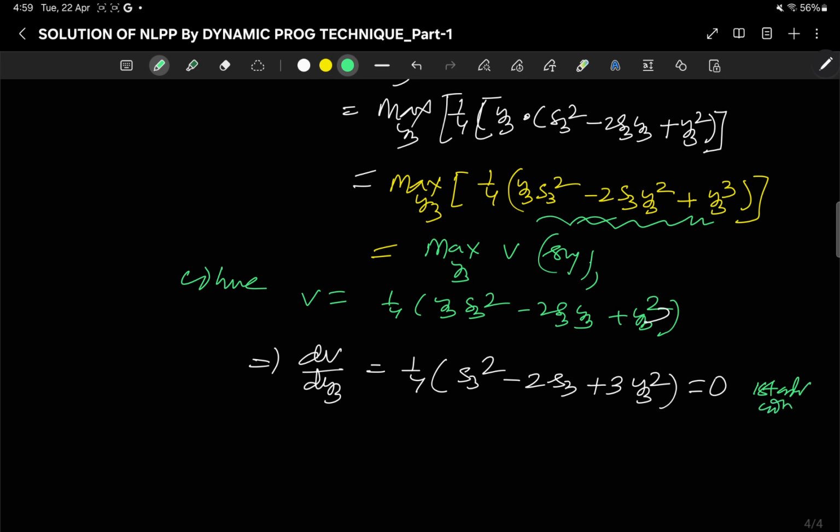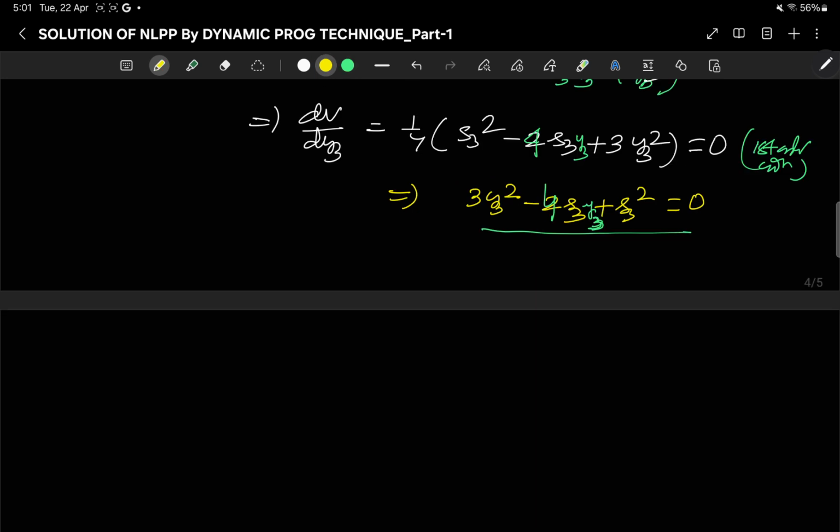If you simplify, it implies 3y3 square minus 4 s3 y3 plus s3 square is equal to 0. One rectification: it is 4 s3 y3 in the middle term.